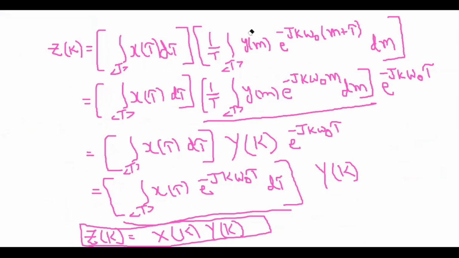To keep the 1 by T here, multiply by T. This function has x of k and y of k, and T is also there: T into x of k, y of k.